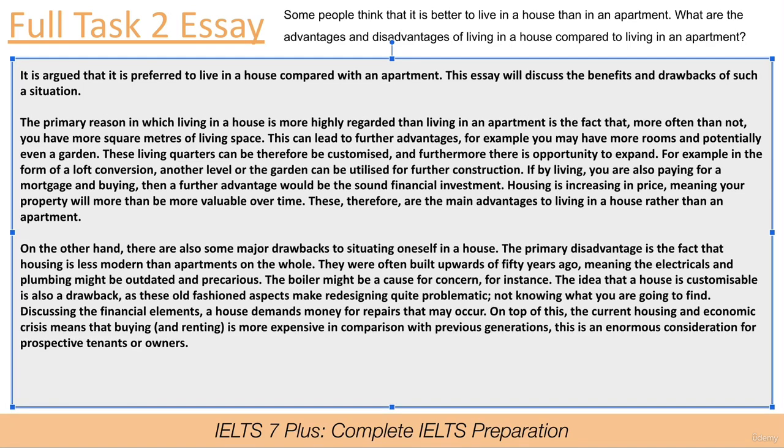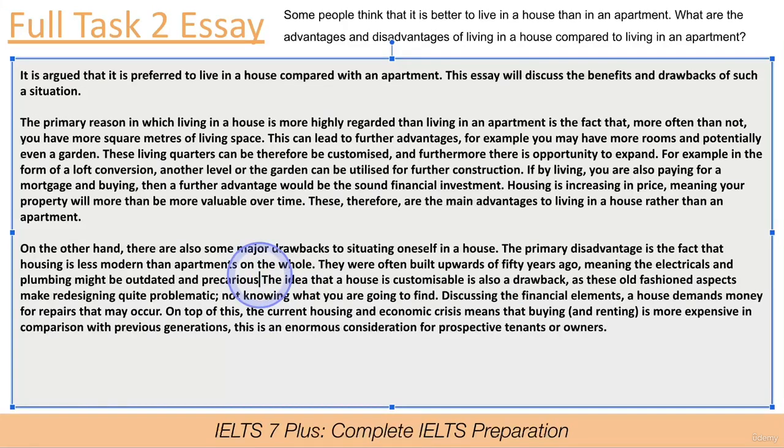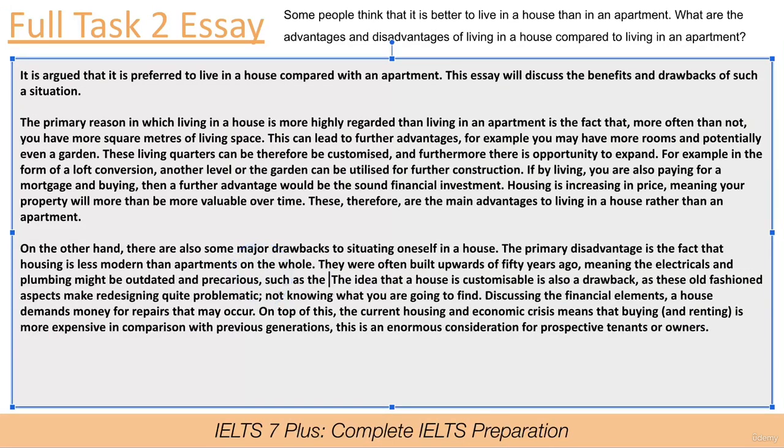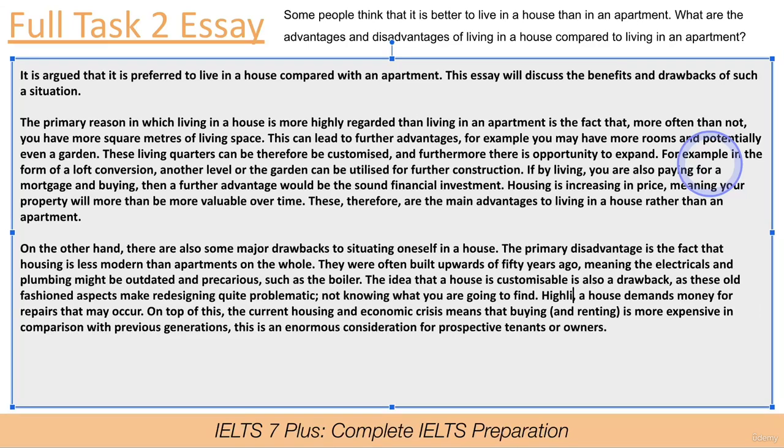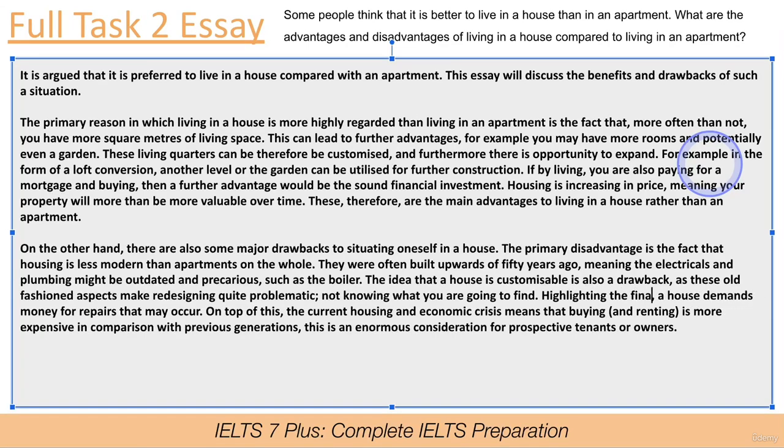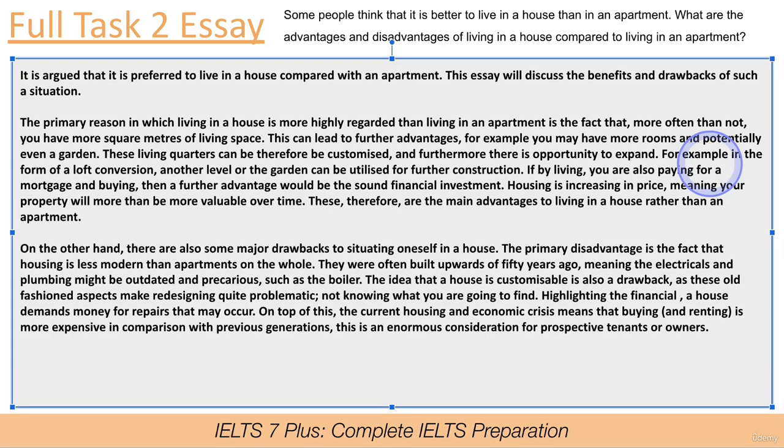Okay then, so a few things that I might change here. I think this might be better put like this, such as the boiler. This could be changed. It might sound a bit smoother just to say highlighting the financial side.